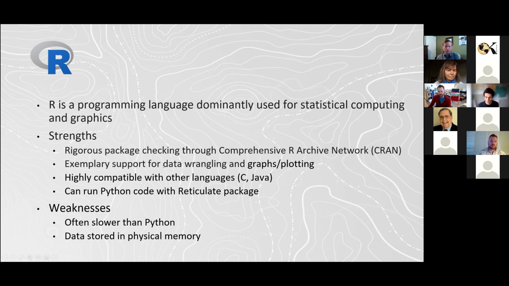R is incredible for data wrangling and plotting, and very compatible with other languages like C and Java. You can actually run Python code within it. But some of the big weaknesses are that it's often slower than Python and a lot of other languages, and that the data is stored in physical memory. So you house all your data in your RAM, and even though RAM is really cheap, that can be a limitation.